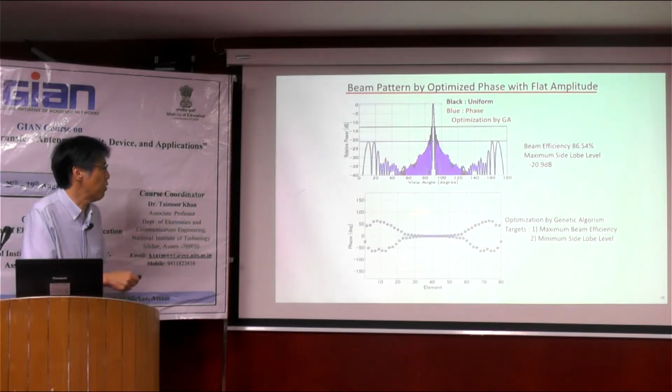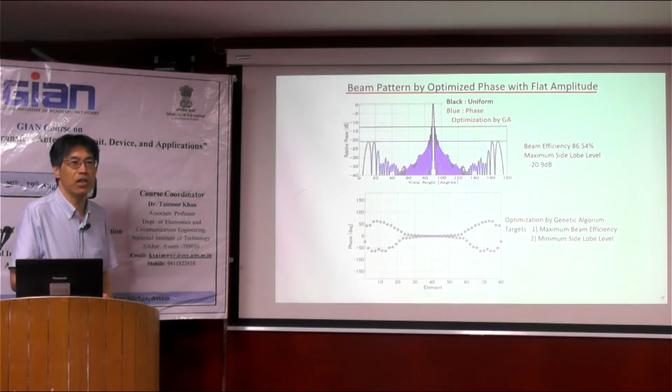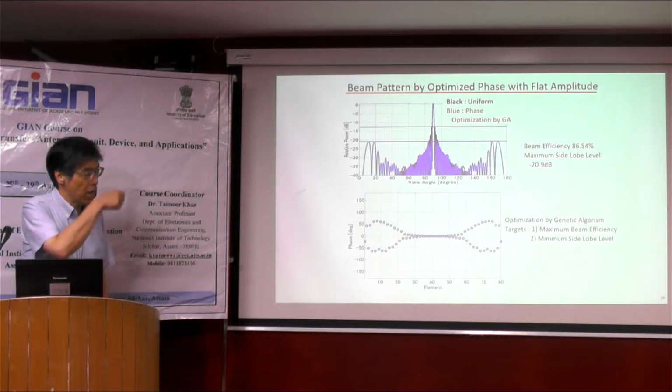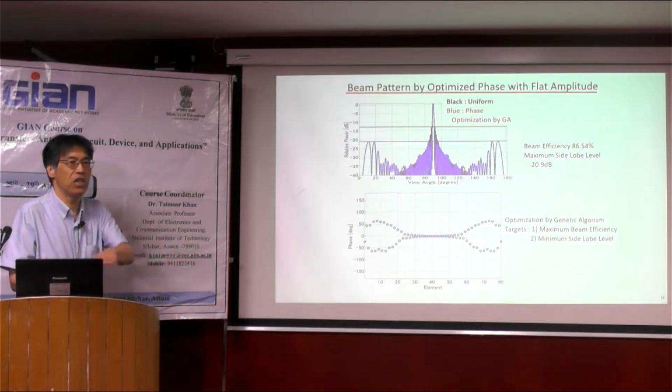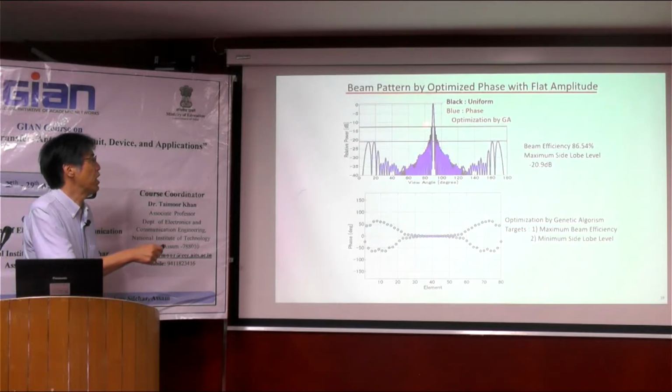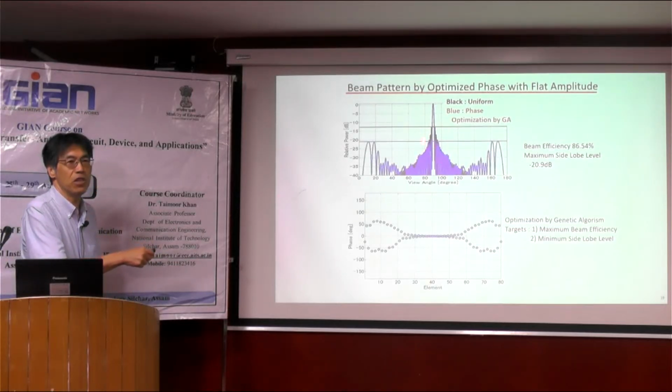And this is the phase data in each area of the transmitting antenna. We use the optimization method by the genetic algorithm. And as a result, if we add these phases in each antenna in each area of the transmitter, we can increase the beam efficiency here.